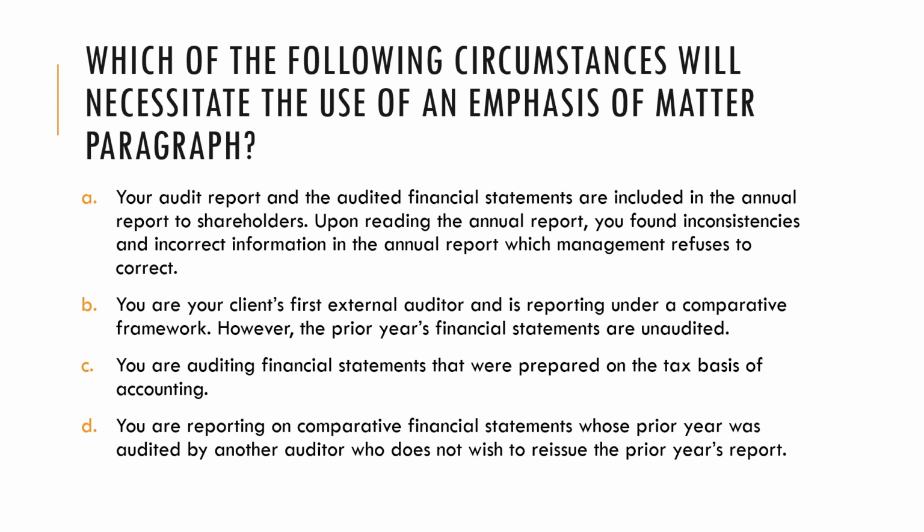Letter A says, your audit report and the audited financial statements are included in the annual report to shareholders. That means our audit report and the audited FS are included in other information, right? Upon reading the annual report, you found inconsistencies and incorrect information in the annual report, which management refuses to correct.